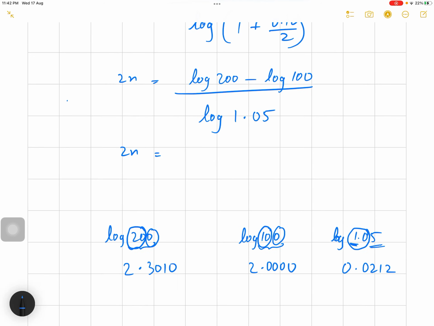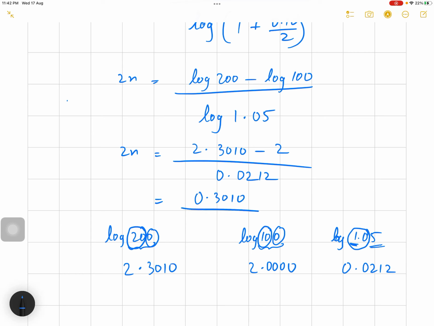So 2n is equal to 2.3010 minus 2 divided by 0.0212.